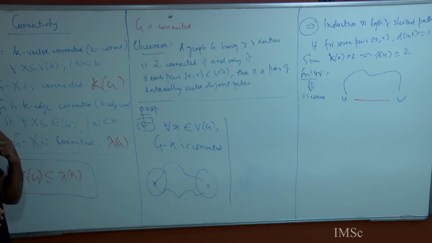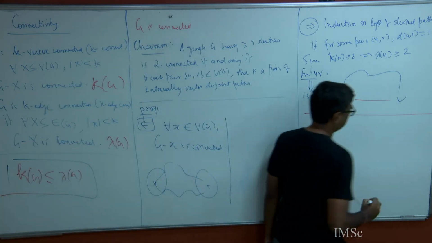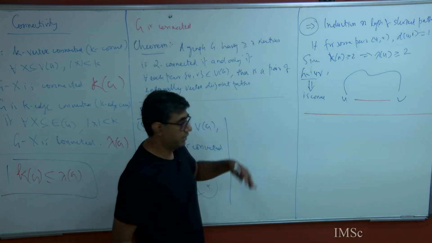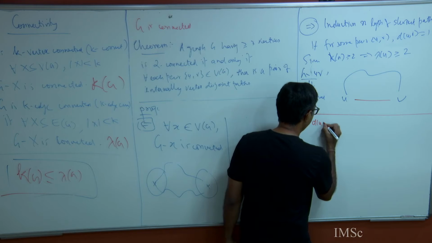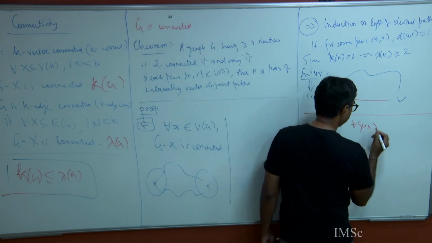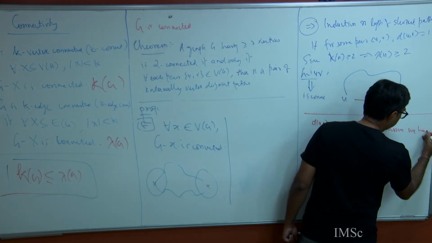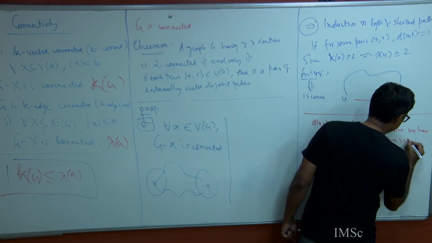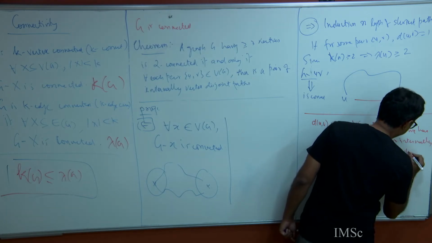Now, we have taken care of all pairs for which d(u,v) is less than or equal to L. For all such pairs uv, assume we have 2 internally vertex disjoint paths.